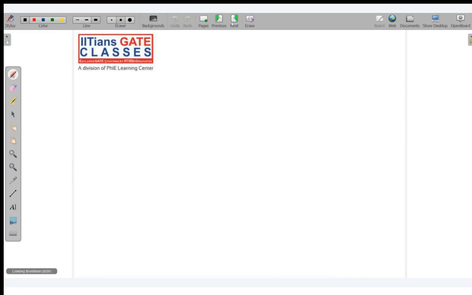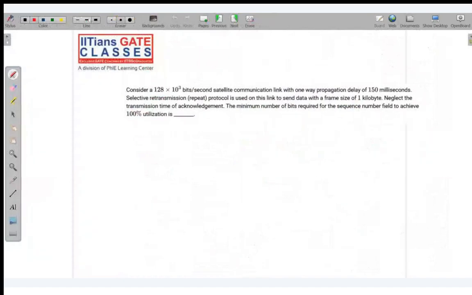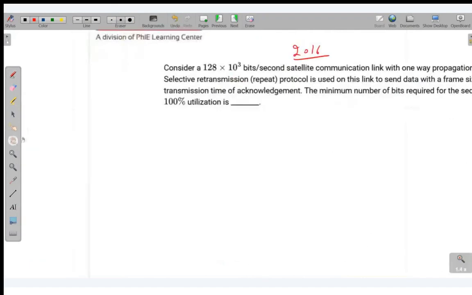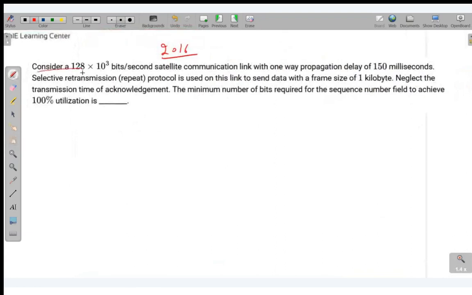Next is a GATE question. Let me see where is that question. This comes in, I think, GATE 2016. What they are saying is: consider a 128 into 10 power 3 bits per second satellite communication link.